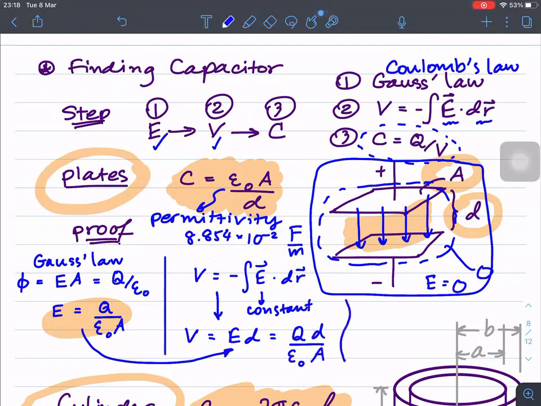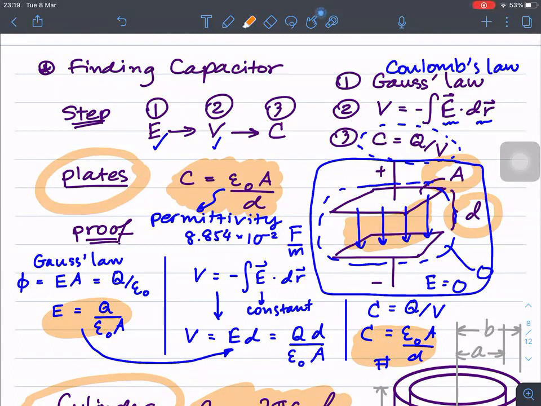And finally, to find C, I use C from the original definition of capacitance as charge per volt. So from this, I should be able to prove that C is actually epsilon zero A over D. So we can prove that the capacitance of the parallel plate will depend on the area.